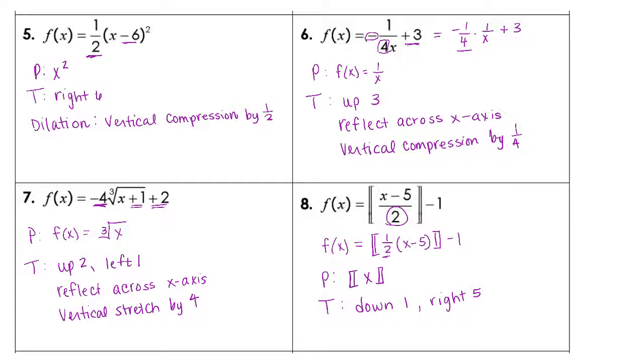So it looks like we're probably going to have a horizontal since we're on the inside. And inside is always opposite of what we think, so it's going to be a horizontal stretch. And we're going to stretch by that reciprocal. So the reciprocal of 1/2 is 2.